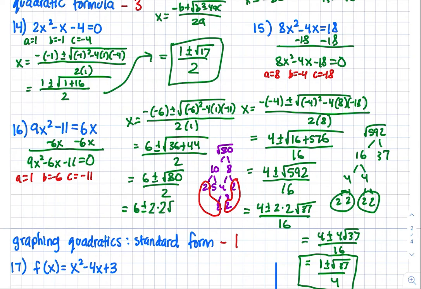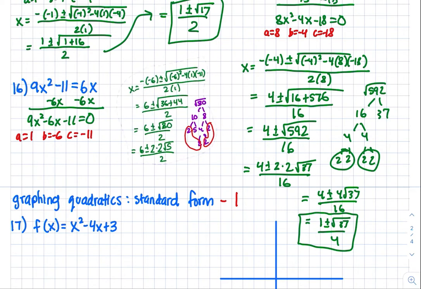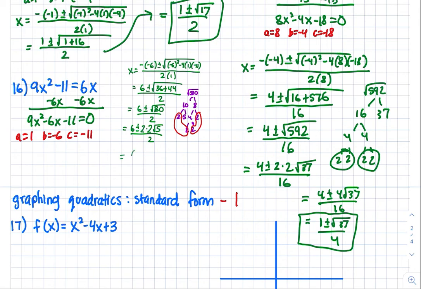So square root of 5, all over 2. So then we get 6 plus or minus 4 square root of 5 over 2. All of these could be divisible by 2. So the final answer is 3 plus or minus 2 square root of 5.